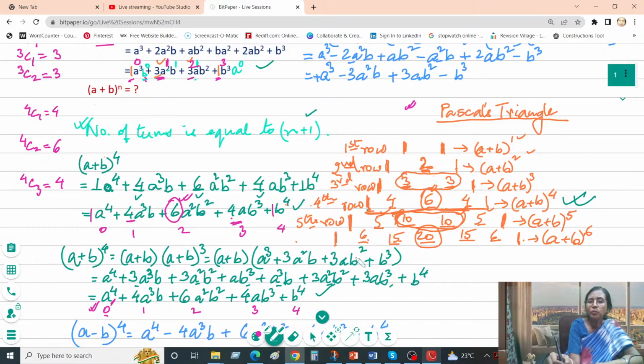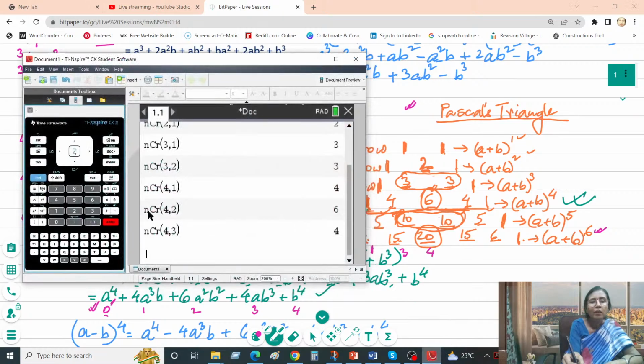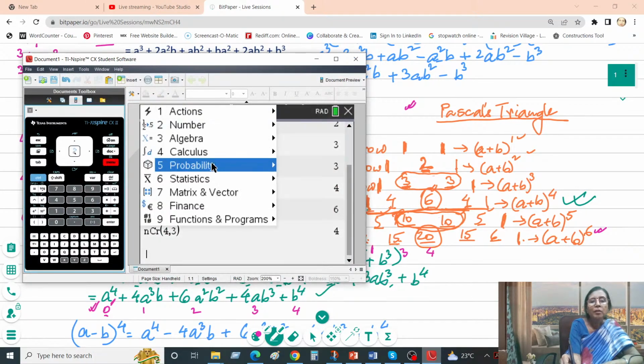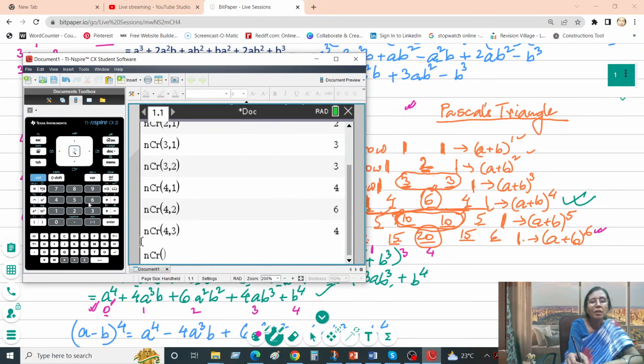If we just want to verify this one, this one is for the 0th term, this is for the second term, this is for the third term, this is for the fourth term. So the n value is 6. It will be 6C4. Let us see if we get the number 20. Menu, probability, combination 6, 4.